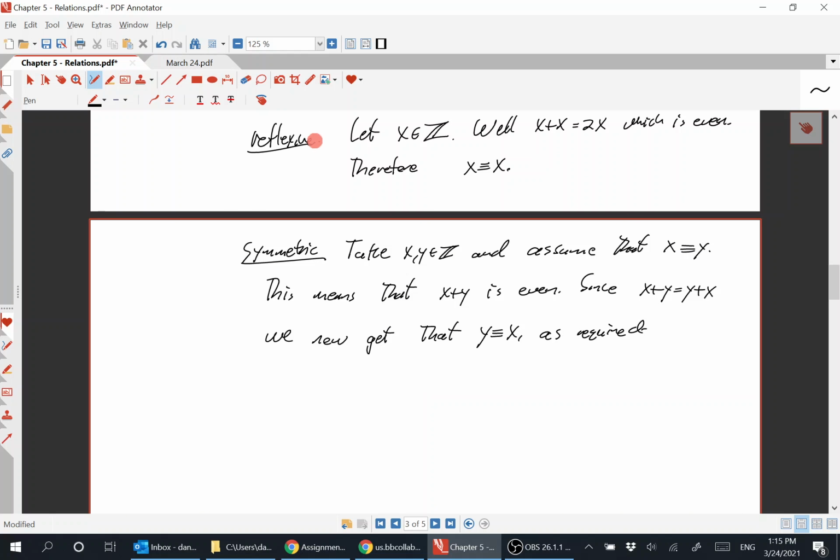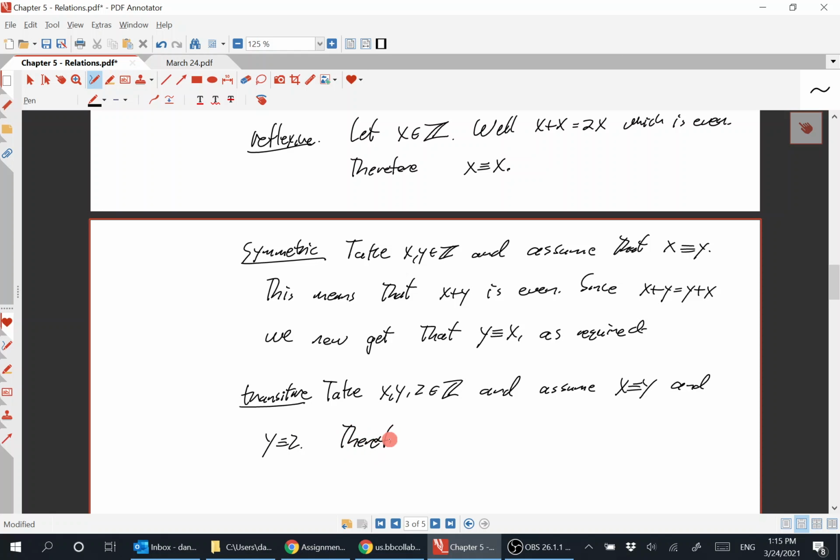So reflexive, symmetric, transitive. Take x, y, and z in the integers and assume that x is related to y and y is related to z.